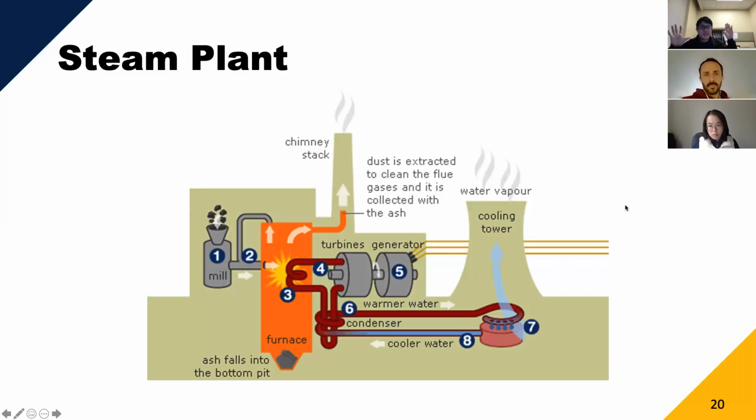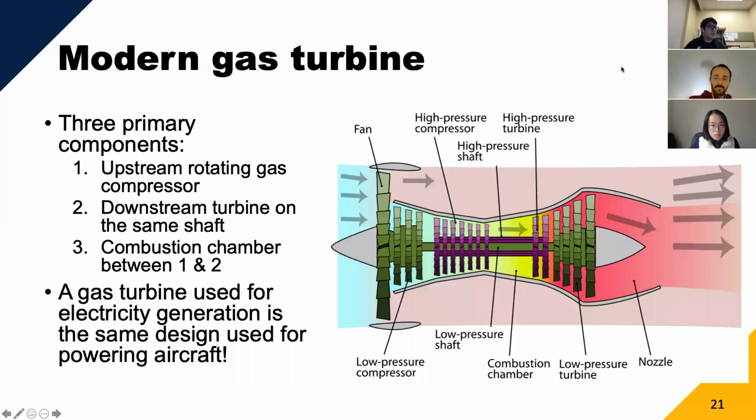Okay, so that is for a steam plant, which uses water to do this stuff. And then you have a gas turbine, which is similar in principle, but instead of sending steam through the turbine, this actually uses combustion of natural gas to power it. Okay, so there are 3 components here.